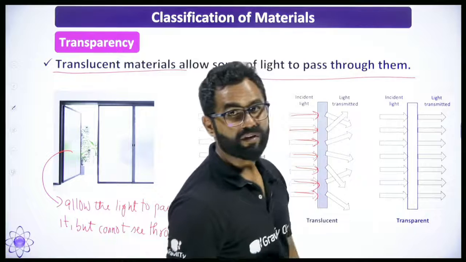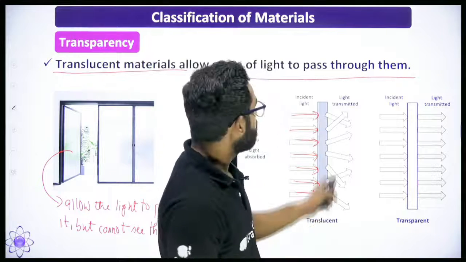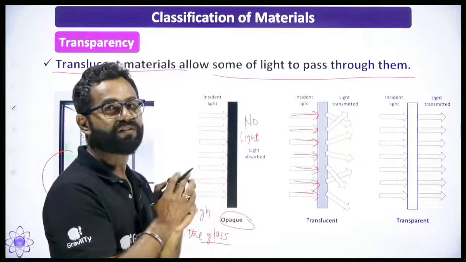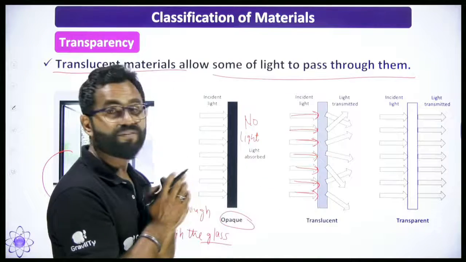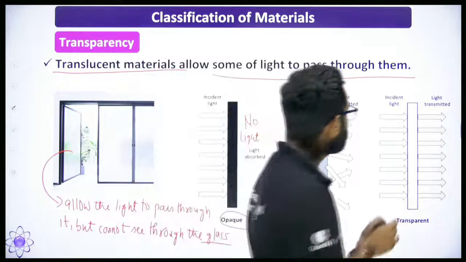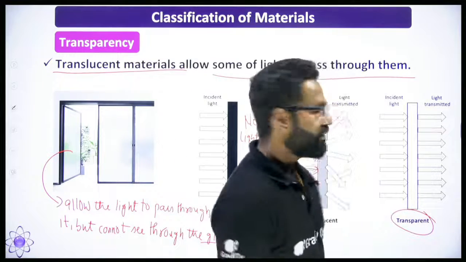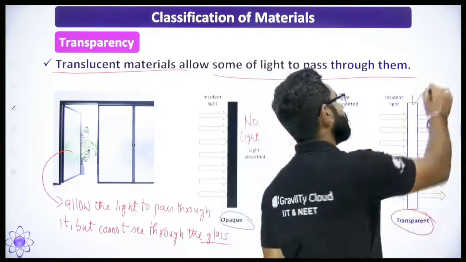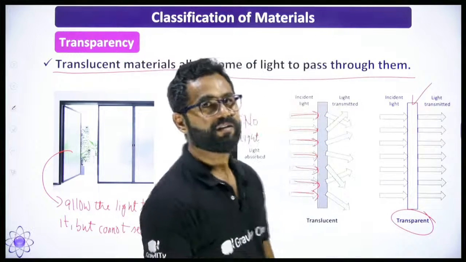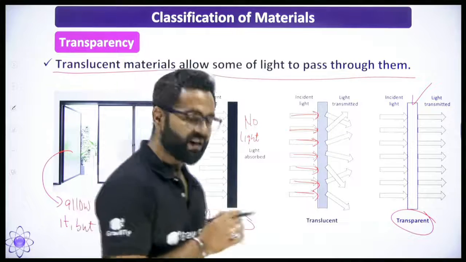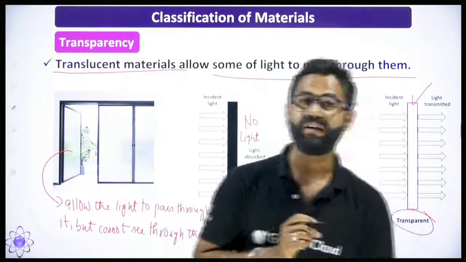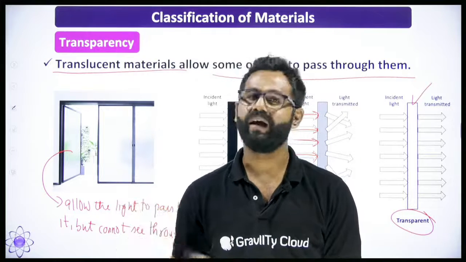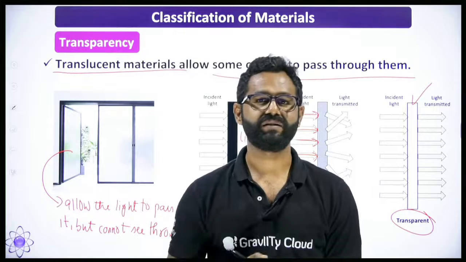The light waves strike the material and pass through it, but they pass in different directions. In the case of transparent material, you see, the light passed through the material directly, right? So this is how we can easily classify and differentiate the different materials on the basis of their transparency: opaque, translucent and transparent materials.